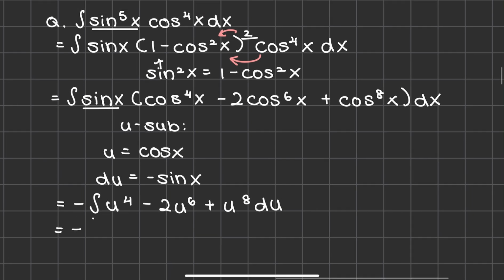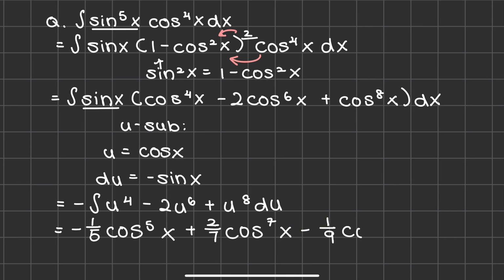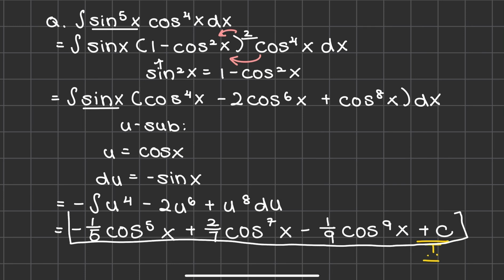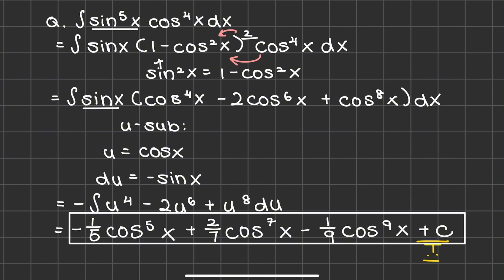Negative, I didn't forget that, negative 1 over 5 cosine to the 5th x plus 2 over 7 cosine to the 7th x minus 1 over 9 cosine to the 9th x. And don't forget the plus c. That is very, very crucial and the easiest mistake to make. And that's your answer. Box it in, and you have that answer.